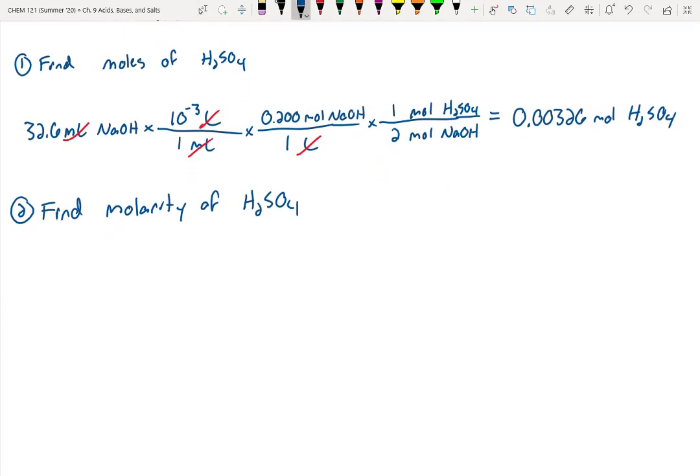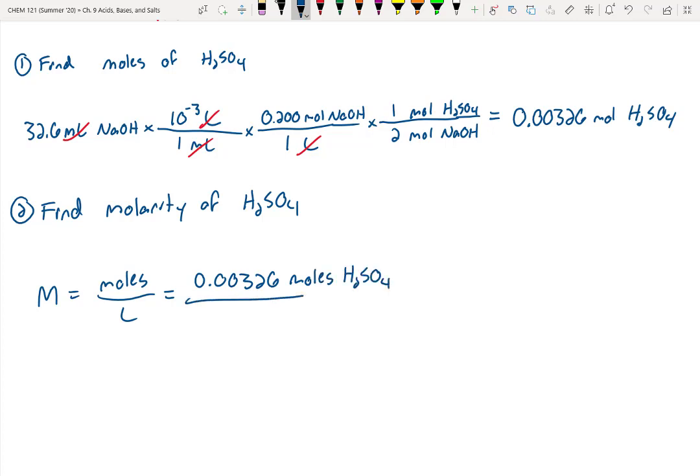Okay. Well, we know molarity is going to be equal to moles per liter, and we just said that the sample has 0.00326 moles of H2SO4. And we know from the question description that we measured out exactly 25 milliliters of it to use with our titration.